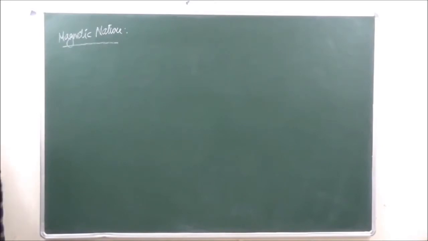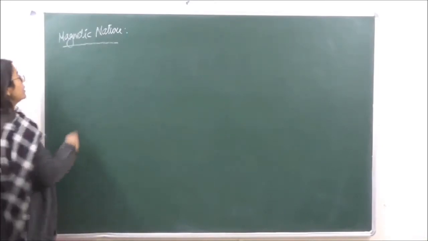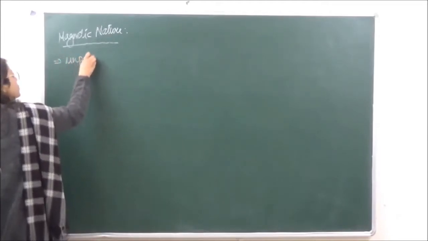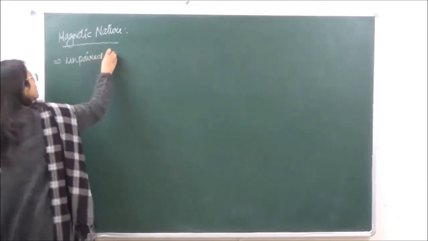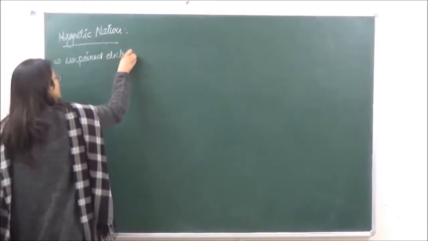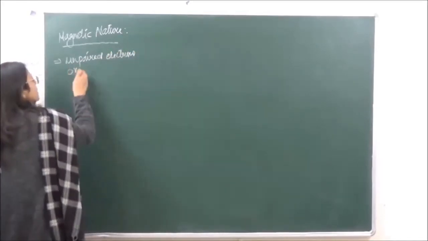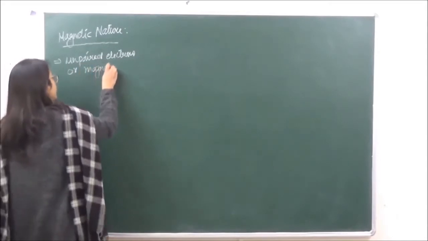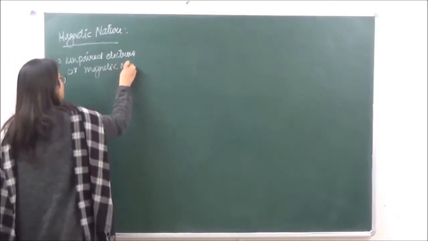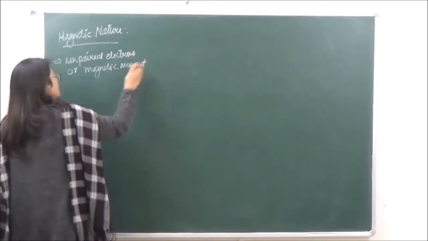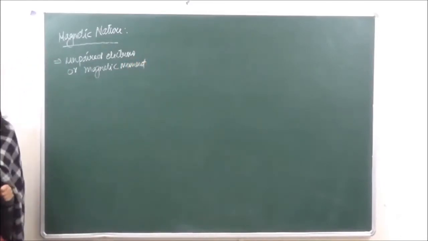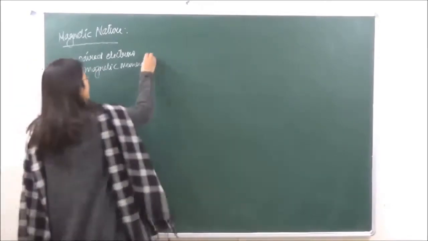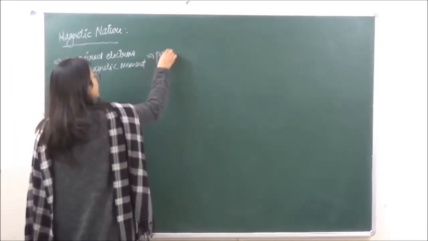When we are talking of magnetic nature, we already know that substances which have unpaired electrons or which have a magnetic moment are going to be attracted by the magnetic field, and such substances are known as paramagnetic in nature.